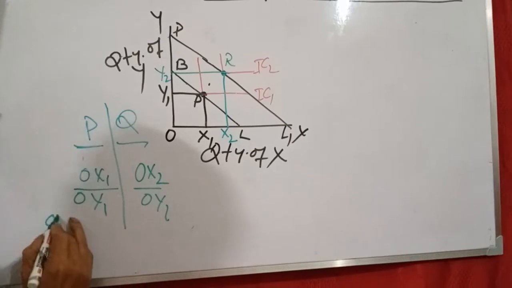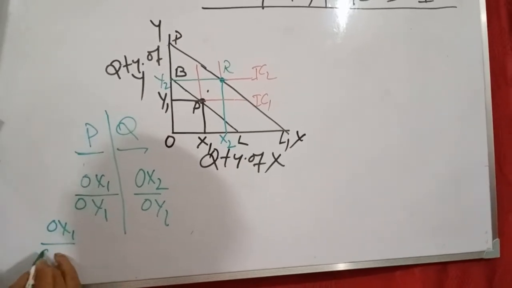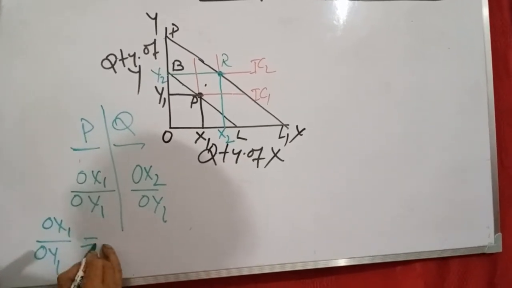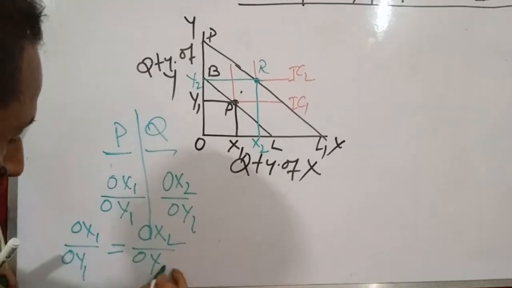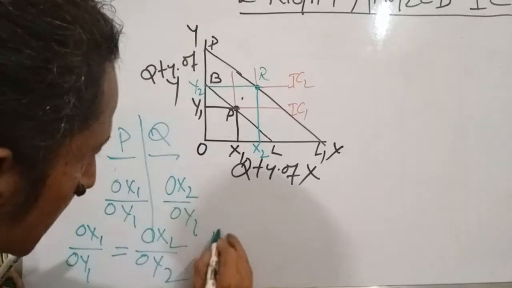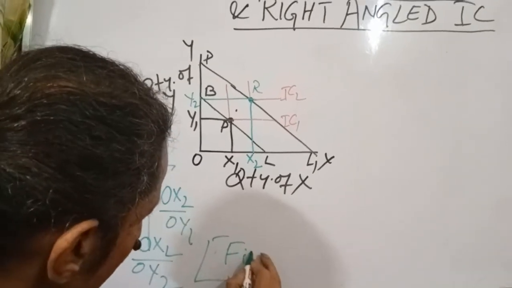Now OX1 by OY1 is exactly equal to OX2 by OY2. That is a fixed proportion.